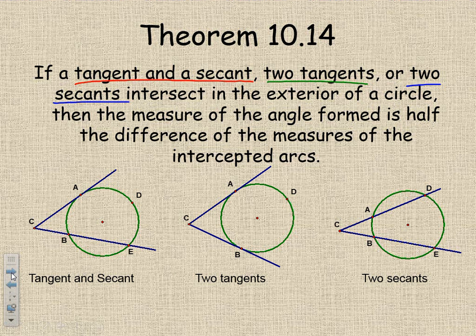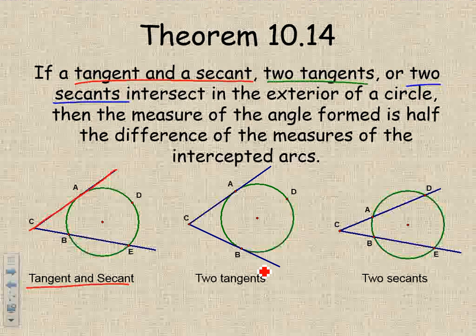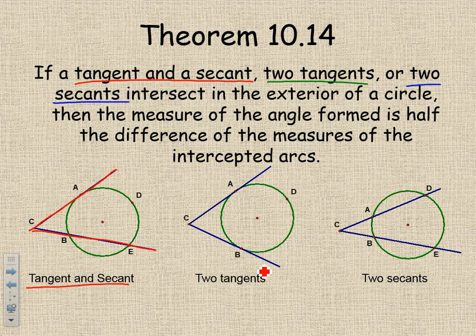Okay, so we're still looking at the arcs that are in between our angles. So this first picture on the far left is the tangents and the secants. Here we have your tangent, and then with C, B, and E, there's your secant.